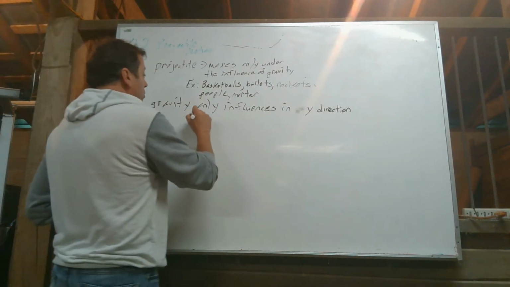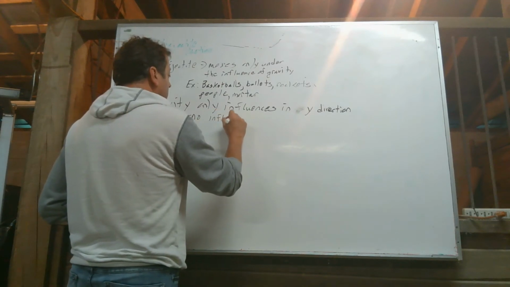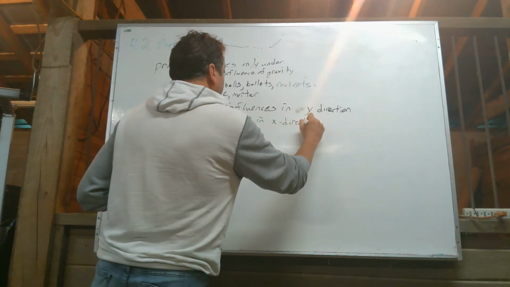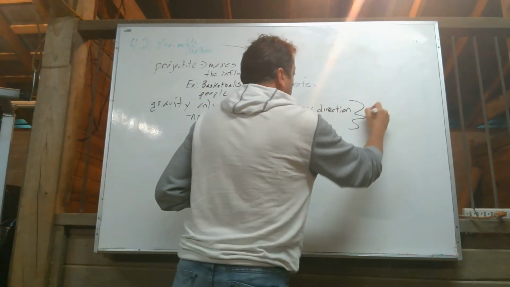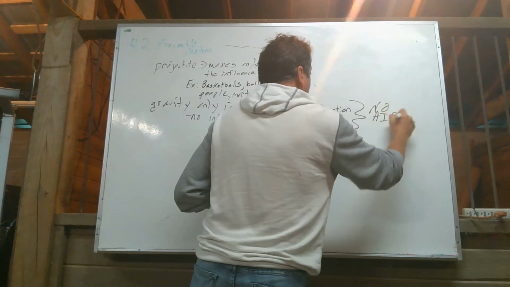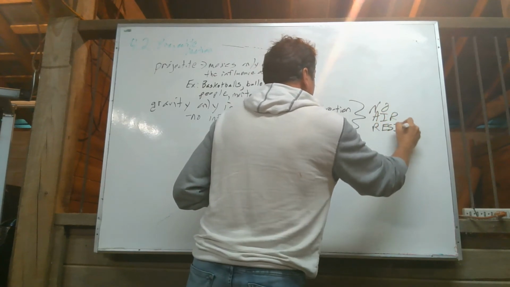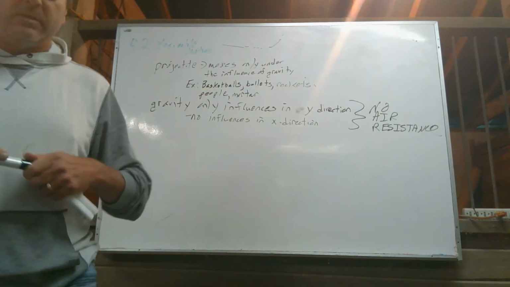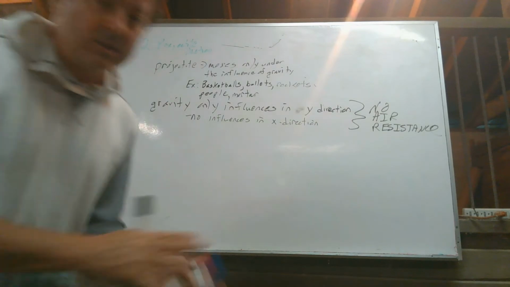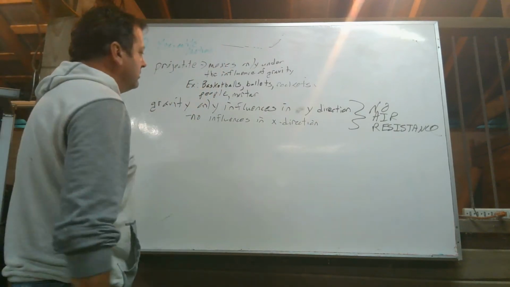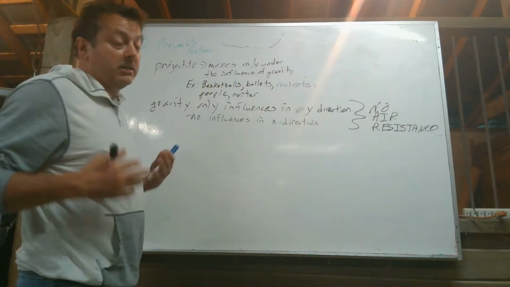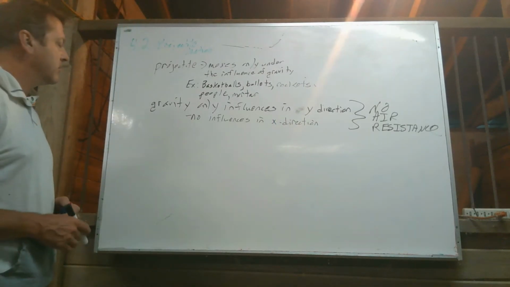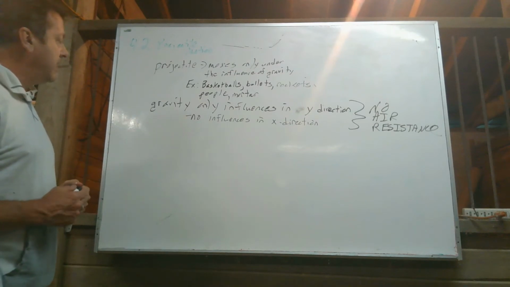So there's no influences in the x direction. Remember, we're assuming no air resistance. With no air resistance, it's not going to have anything to project it. It's just going to keep on doing what it's doing in the x direction there. Okay? So that's projectile motion.